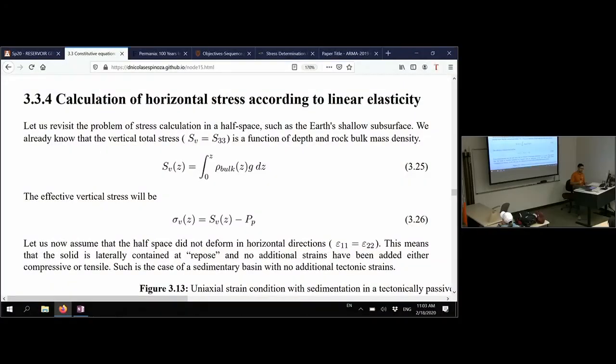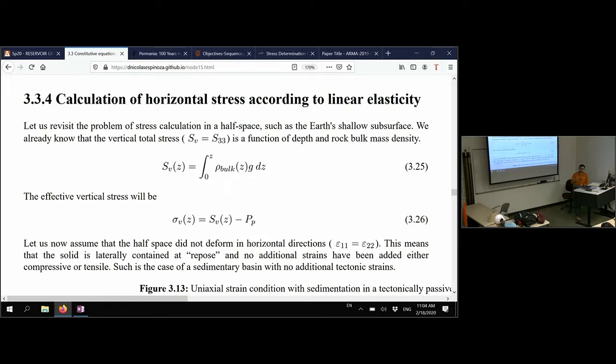Okay, so this is where we're getting right now. Calculation of horizontal stress according to linear elasticity. The first thing that we saw was that we could calculate what is the total vertical stress. We have already done many exercises about this, and if you remember, we said that in onshore condition it's about 1 psi per foot. So if you are at 10,000 feet of depth, the stress is going to be very close to 10,000 psi.